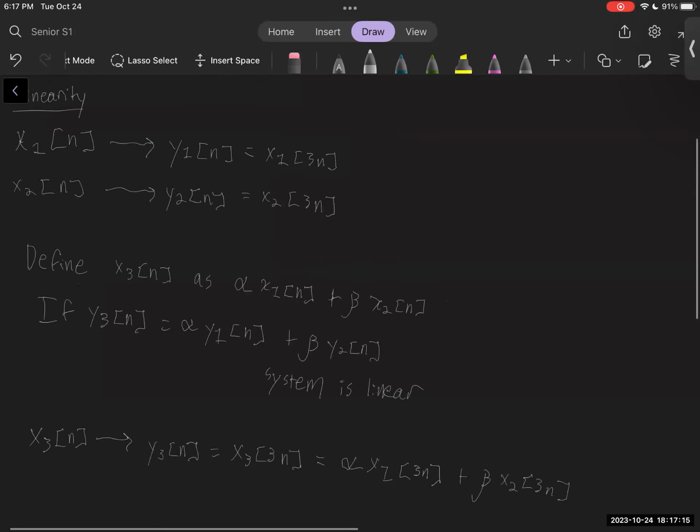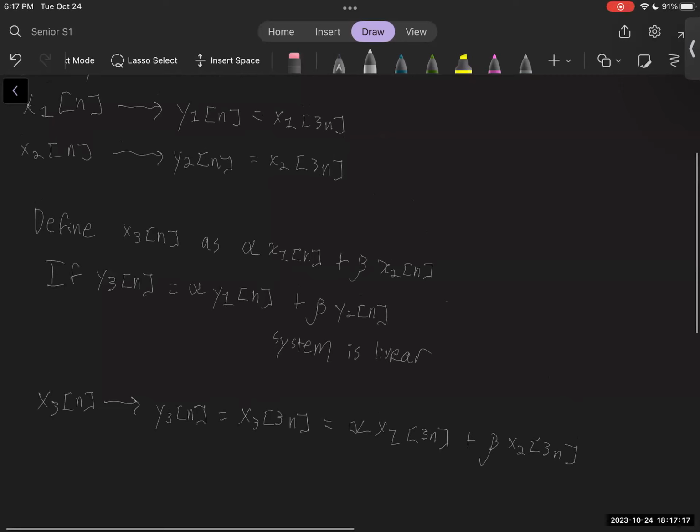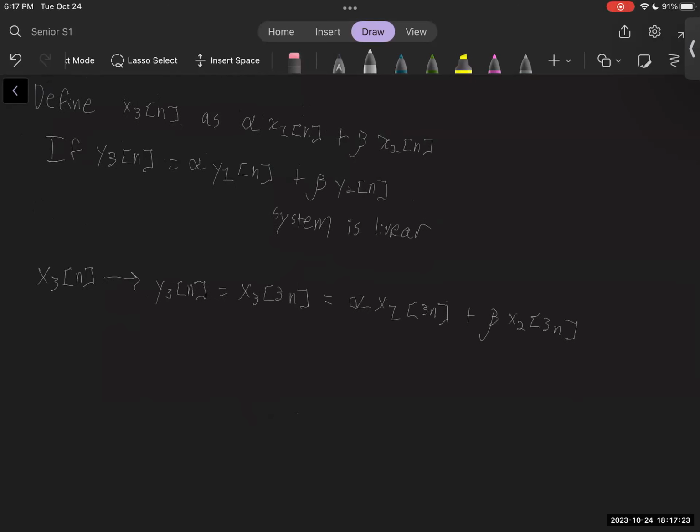And as we solved up here, y1 of n is equal to x1 of 3n, and y2 of n is equal to x2 of 3n, which we can identify in our equation here. That's y1 of n, and y2 of n.